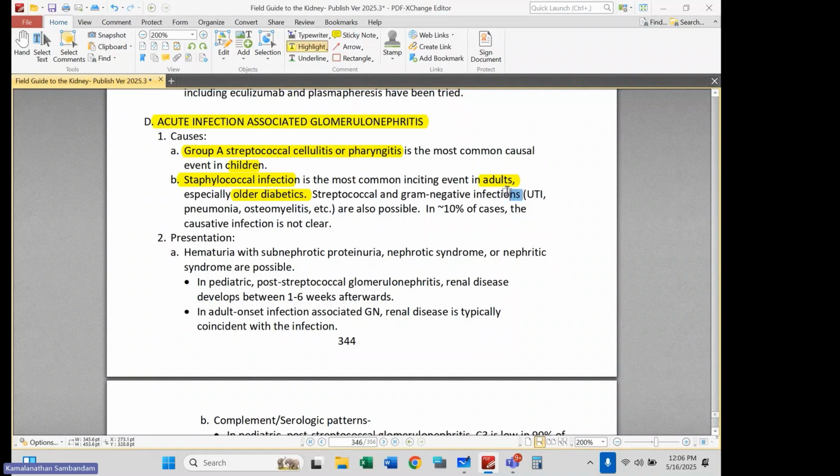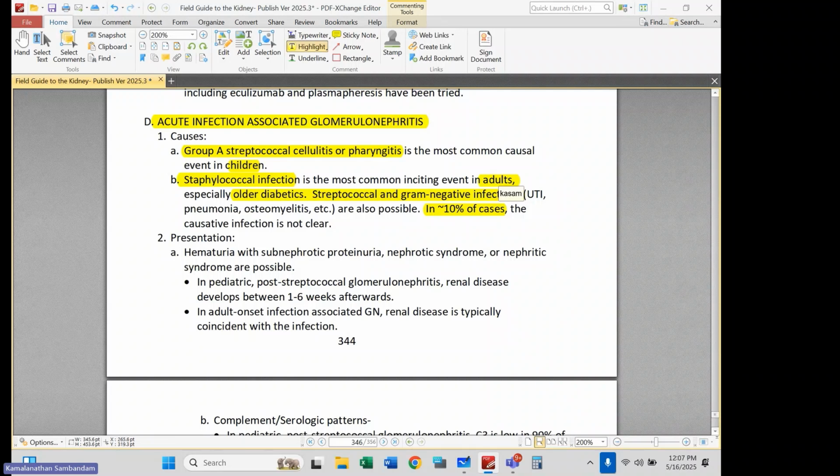But there are other potential infectious agents that are also associated with infection-associated GN. And then to make things a little bit more complicated still, a significant proportion of patients with what is presumed to be infection-associated glomerulonephritis do not even have an identified preceding or concomitant infection.